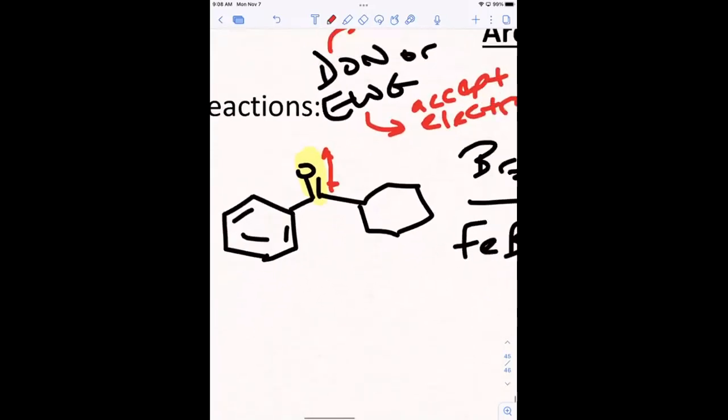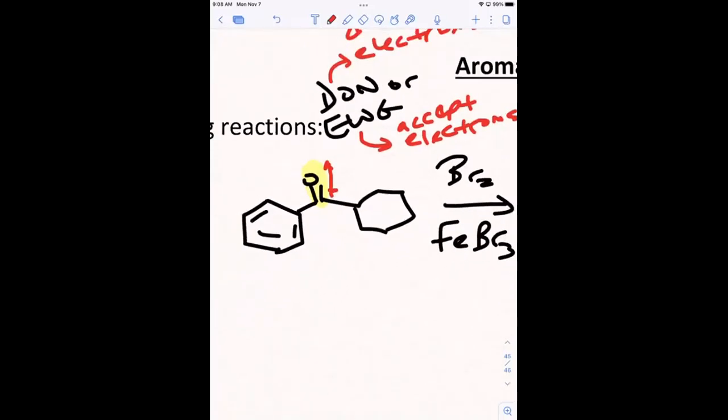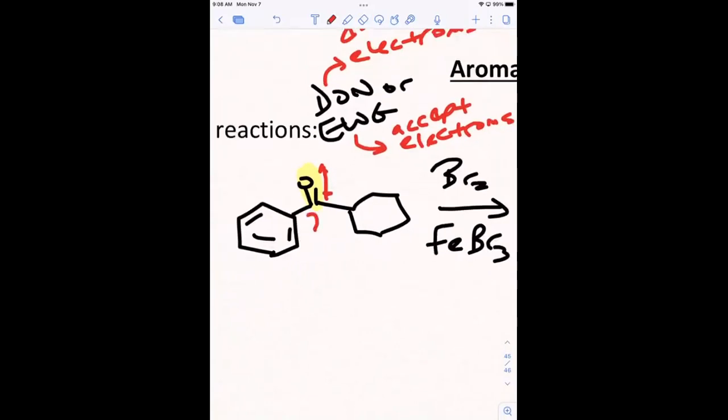So the carbonyl itself, there's a dipole going towards oxygen. So that carbon in that carbonyl is partially positive. Oxygen is partially negative. So with that being said, the carbonyl is actually an acceptor.